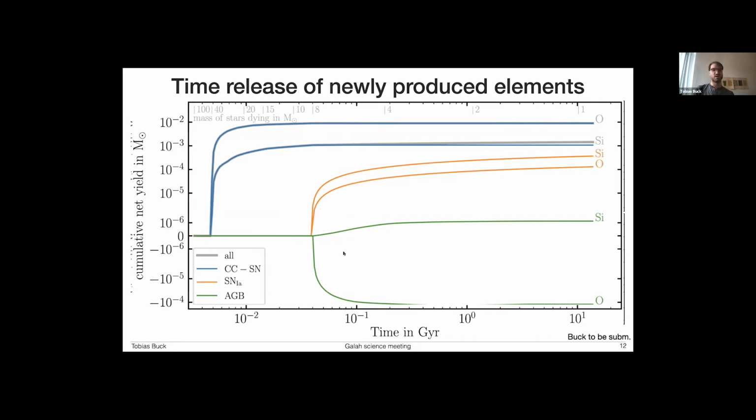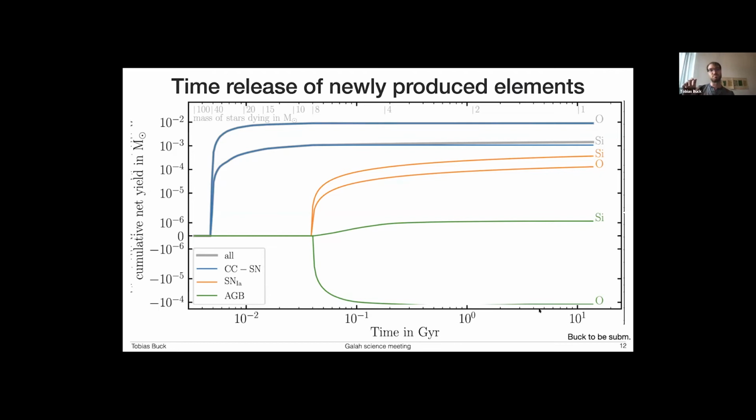But also there's this negative net yield for oxygen, for example. And net yield just means newly produced or synthesized in the star. And what this negative yield tells you is that AGB stars actually fuse oxygen and then produce more massive elements. So that's why you get a negative yield here.